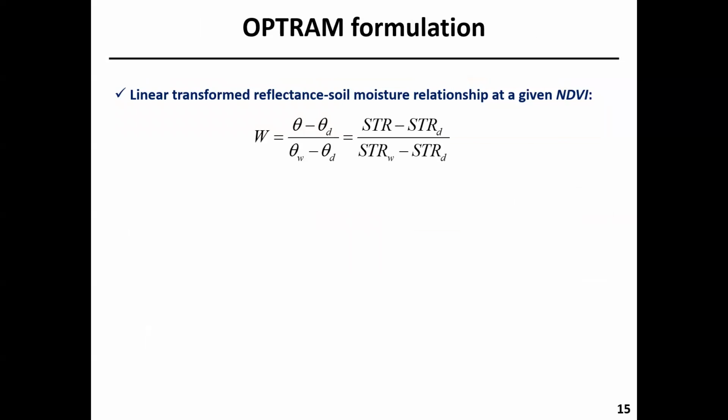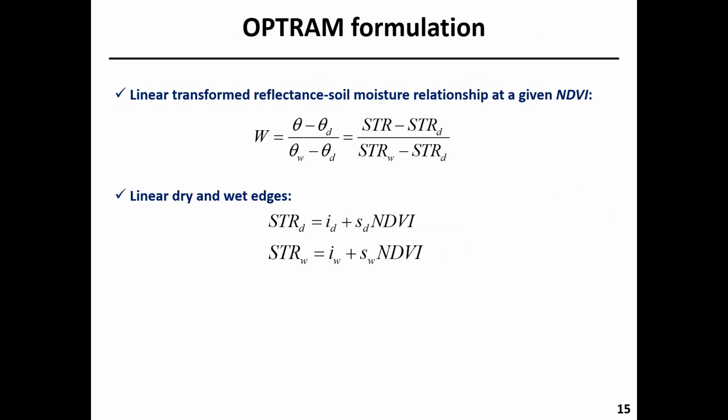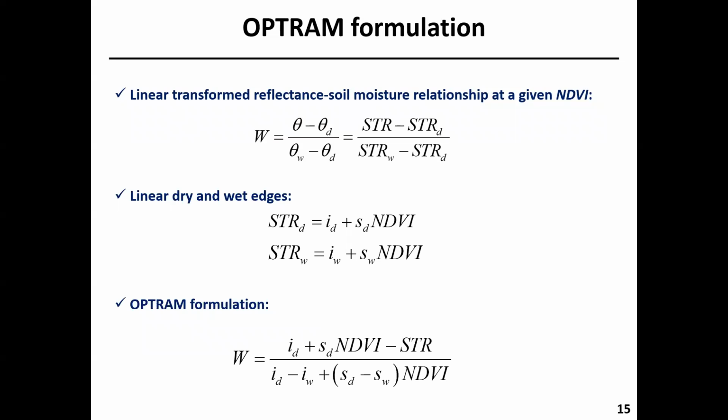So in terms of the mathematical formulation, we already showed that there is a linear relationship between soil moisture and STR in the lab. And if we assume the edges of the trapezoid are also linear, and we combine these relationships, we get the final OPTRAM formulation, as you see in this slide.